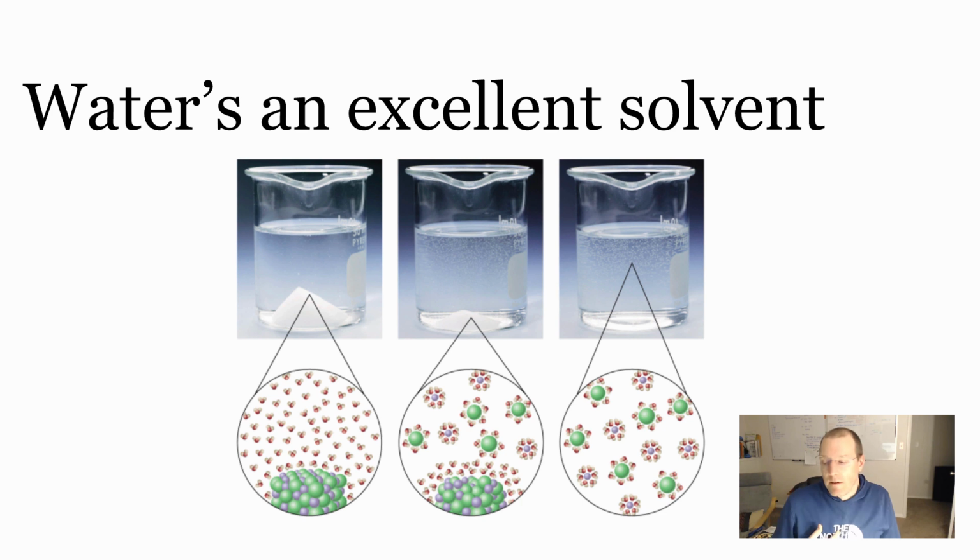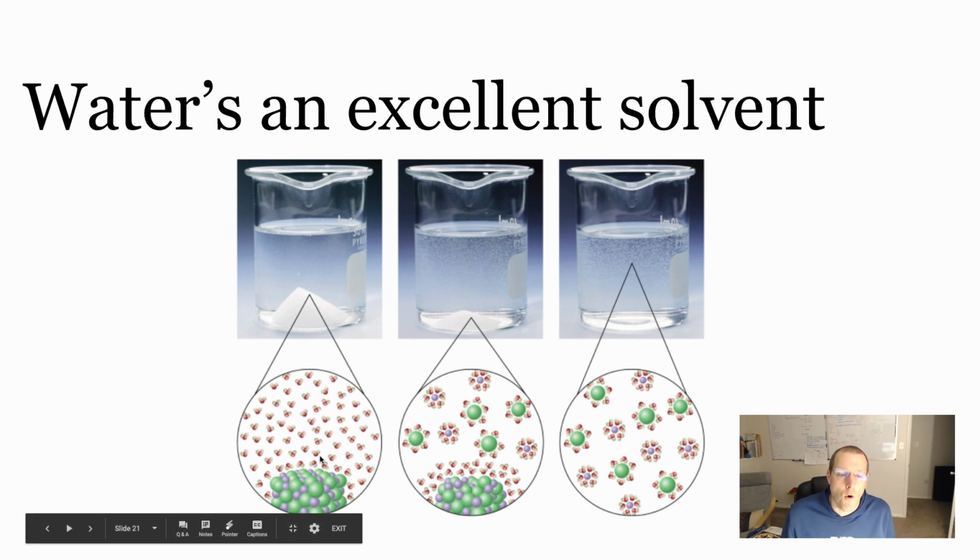So what happens when we put a molecule or an ion in water that can dissolve is that the water molecules arrange themselves around the molecule, either because the molecule is polar or because the molecule is charged. So what we're looking at here is a crystal of sodium chloride, and it's being dissolved in the water.